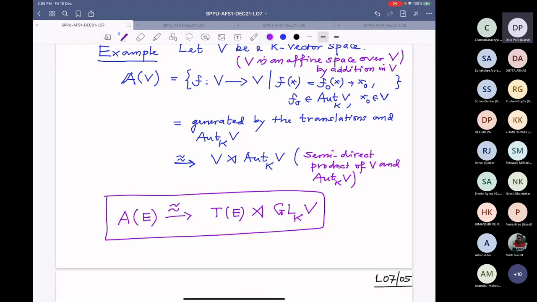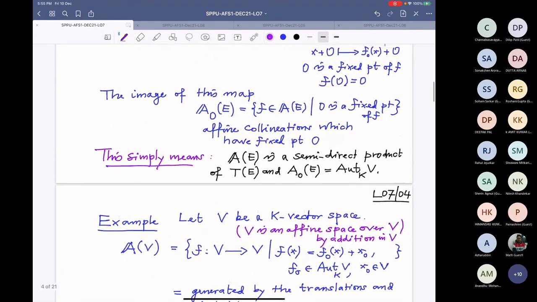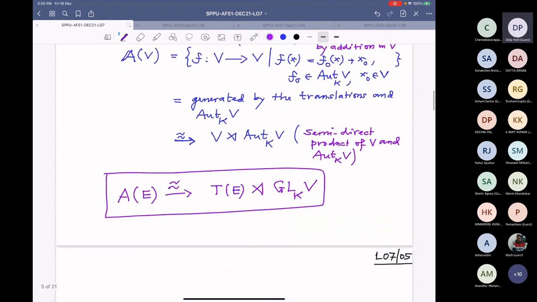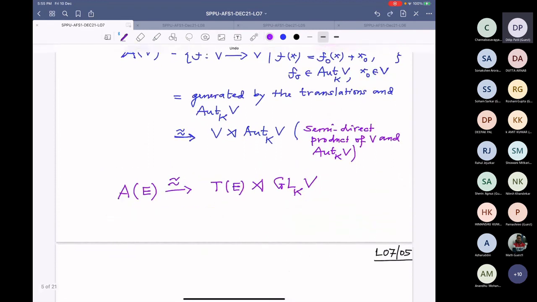That means we want to give a map, and actually the maps are there. You just have to check that the multiplication here is the same as the multiplication here. So that we will do now.